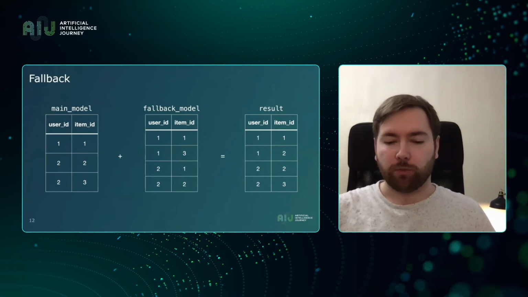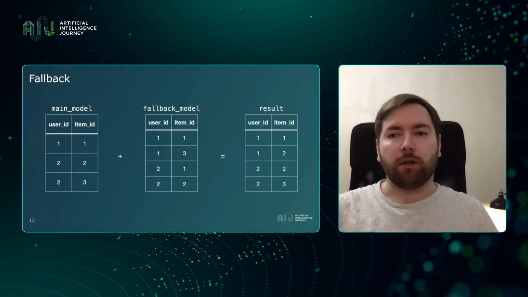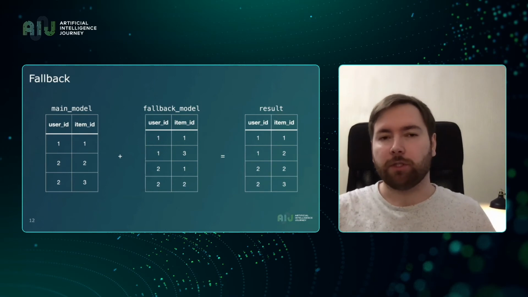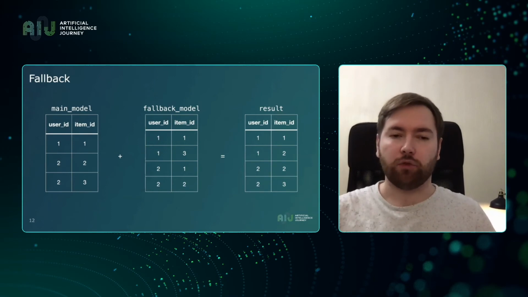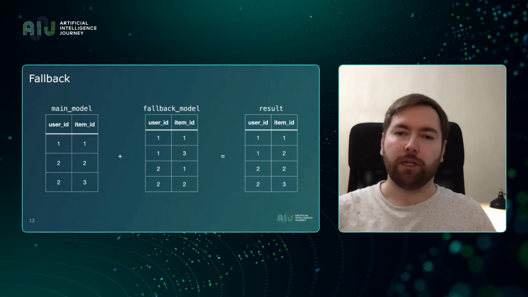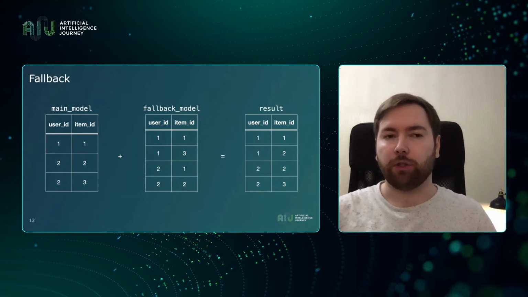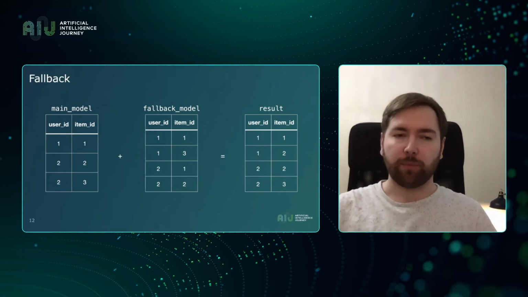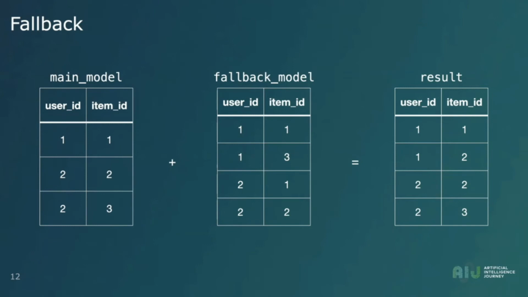However, in addition to these baseline things that are encountered in many other places, there are more complex entities that we call scenarios. Scenarios include several models working together and their combination. For example, let us consider that we have some baseline model that is good. We love it, and it gives us good recommendations, but not for all of the users, and not always in the quantity that we need.